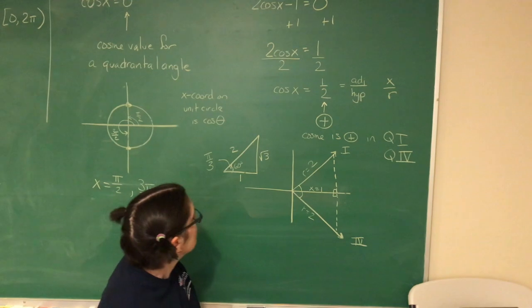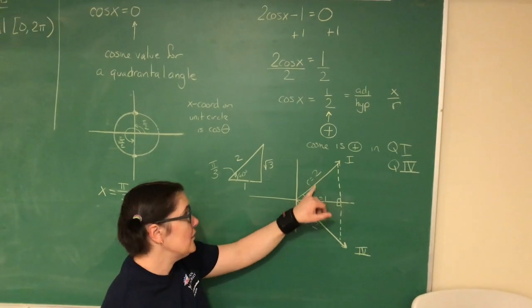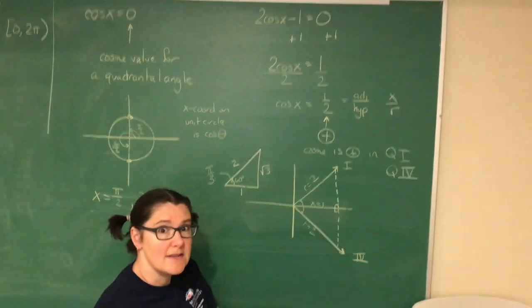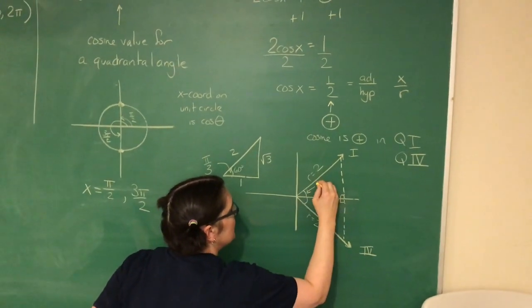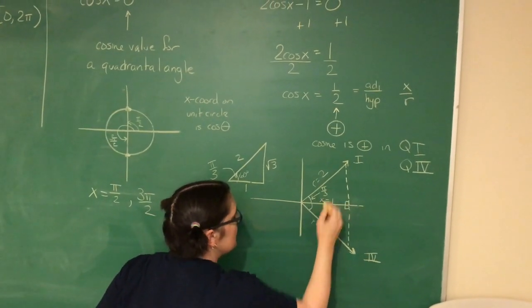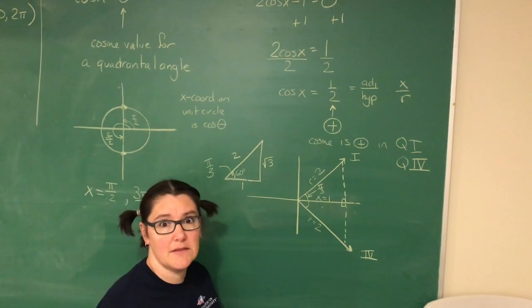Okay, so just by knowing 2 of the sides of these triangles, I recognize it as a special triangle, and that tells me that my reference angle is 60 degrees or pi over 3 radians.